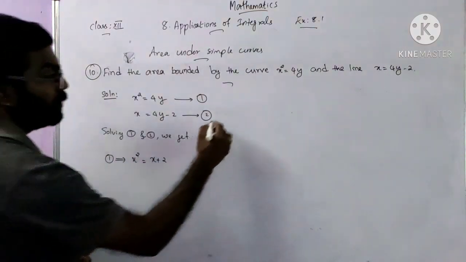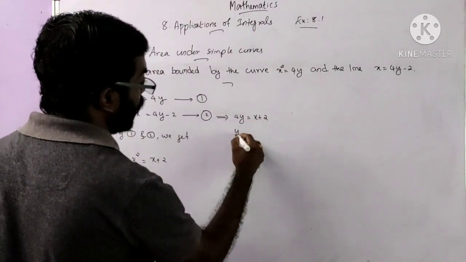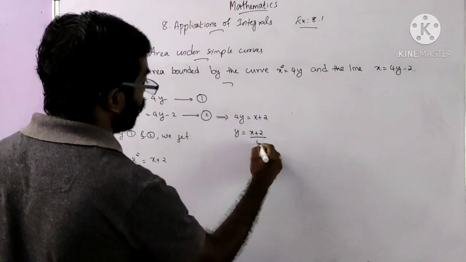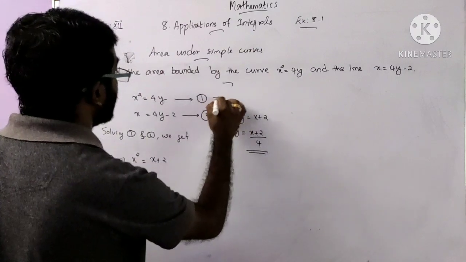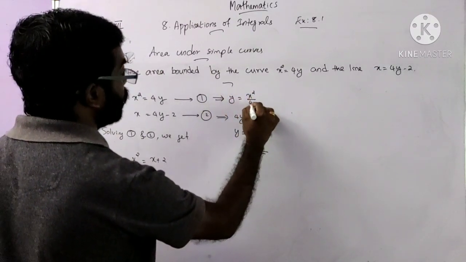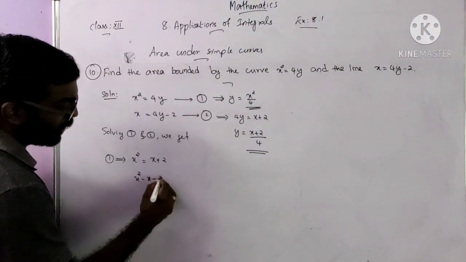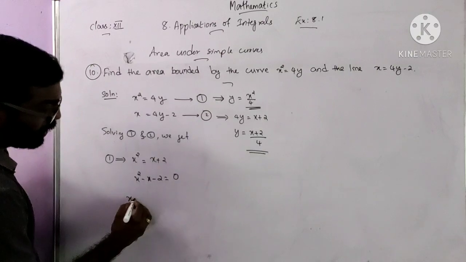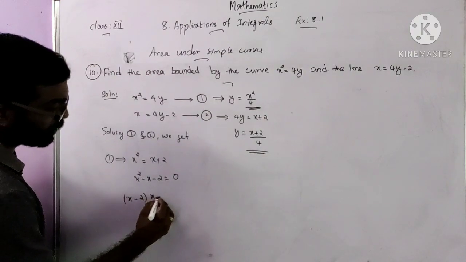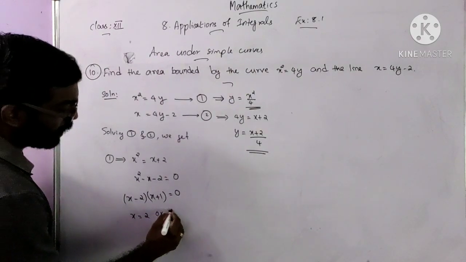Okay. From equation 2 we can write 4y equal to x plus 2 and y equal to x plus 2 divided by 4. And from the first one we can write y is equal to x square divided by 4. So x square minus x minus 2 equal to 0. That is x minus 2 into x plus 1 is equal to 0. Or x equal to 2, x equal to minus 1.